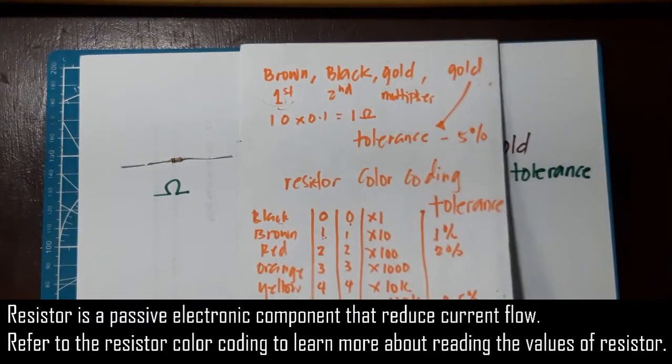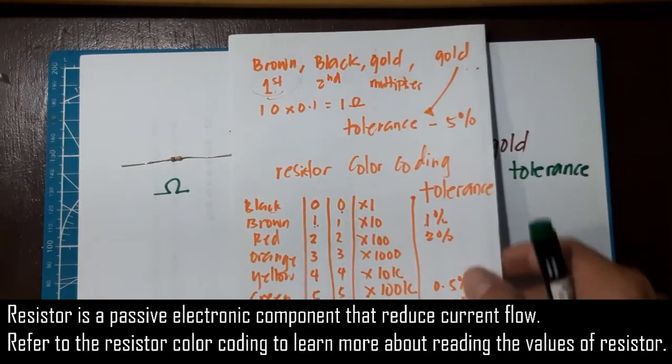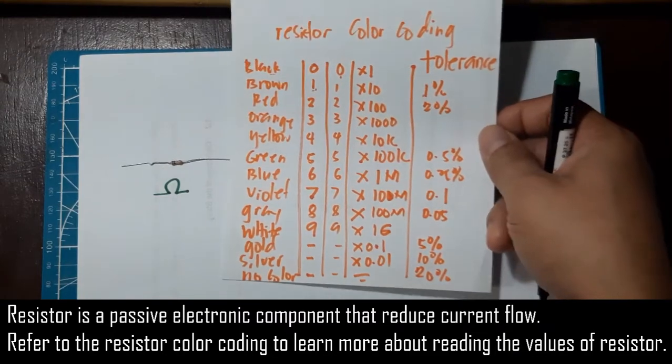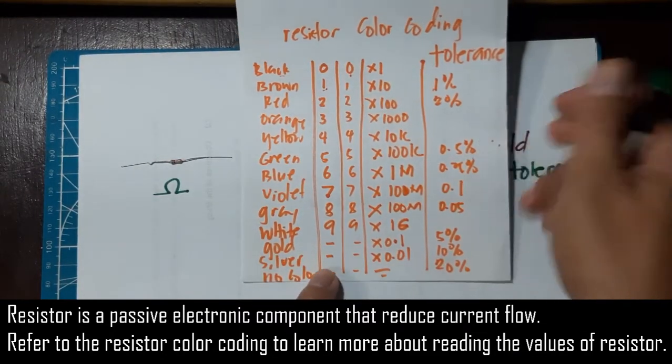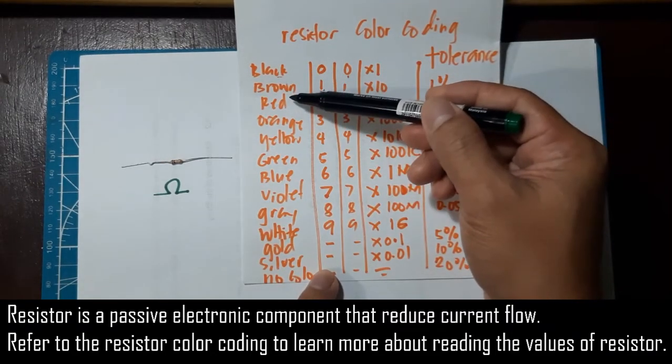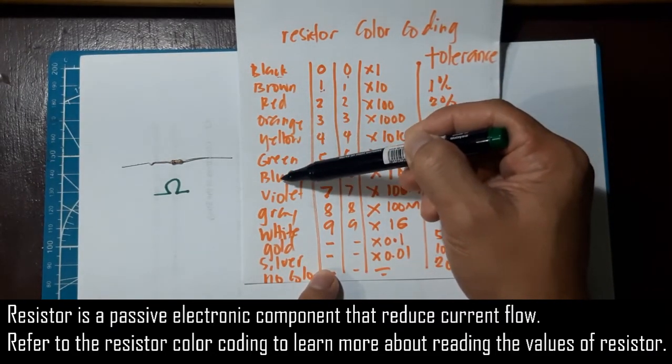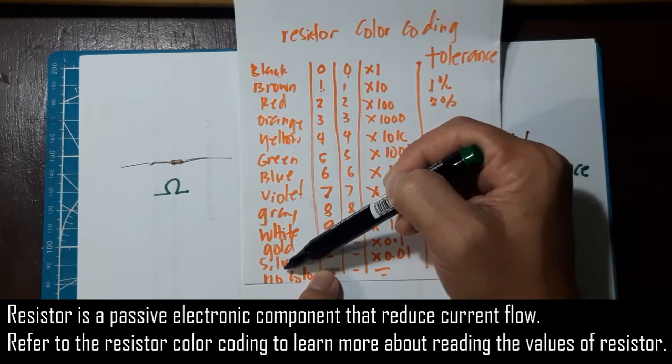So I have here a sample table of our resistor color coding: black, brown, red, orange, yellow, green, blue, violet, gray, white, gold, silver, and no color.